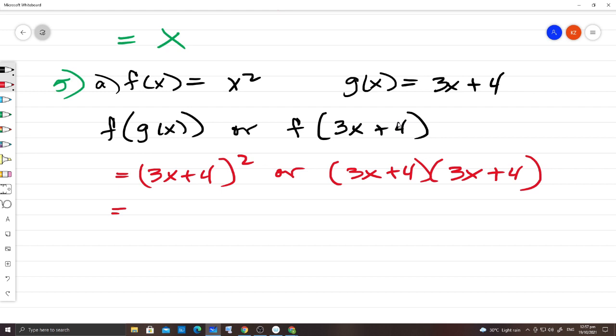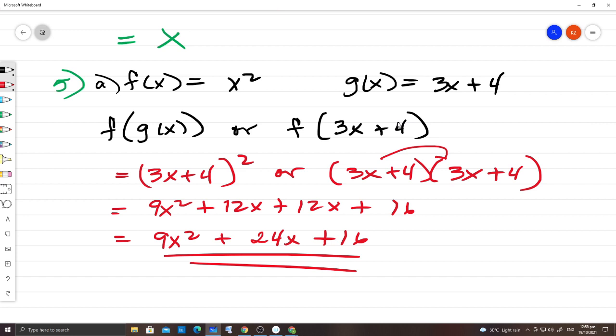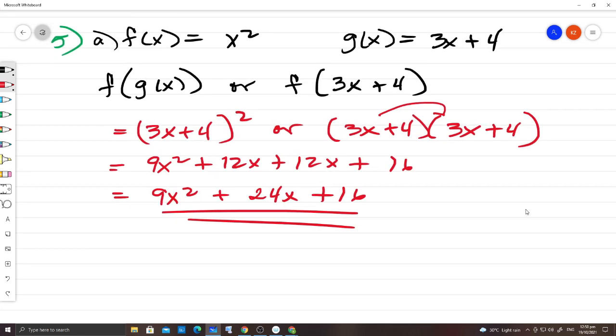So we have 9x to the power of 2 plus 12x plus 12x plus 16. 9x to the power of 2 plus 24x plus 16. This is the last topic.